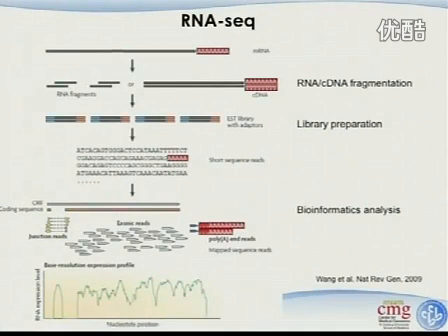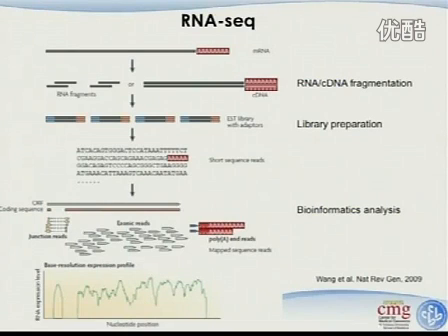Okay? This is probably the first review paper on RNA sequencing, which we published in 2009. It gives you the general workflow of an RNA sequencing experiment. You have an RNA molecule, and this RNA is polyadenylated.